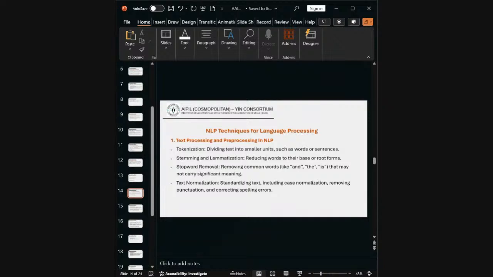All right, so let's proceed. The second point there is stemming and lemmatization. This is reducing words to their base or root form. Let me use the first word to illustrate this point: tokenization.